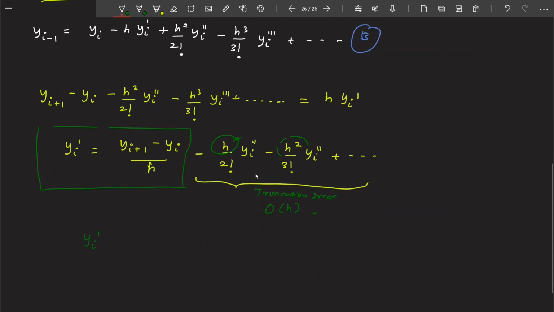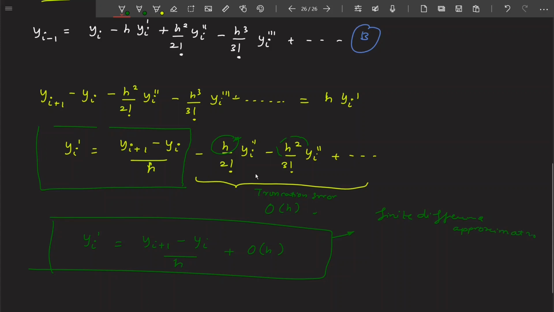And if you see, the formula of y dash is y i plus 1 minus y i upon h, order h. So this is the formula for finite difference approximation.